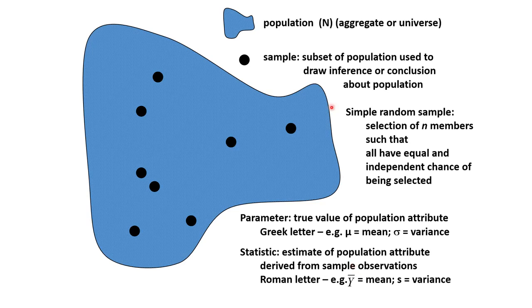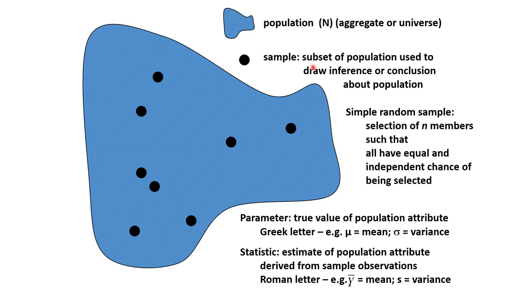So here in this figure, we've got the blue shape that represents the entire population, whether this is the entire distribution of potential values or a whole population of a certain organism, right? Generally, it's impossible to take a census of the entire population, so we're pulling samples out of that population, which is a subset, and trying to make inferences about the larger population given the subset that we've looked at.